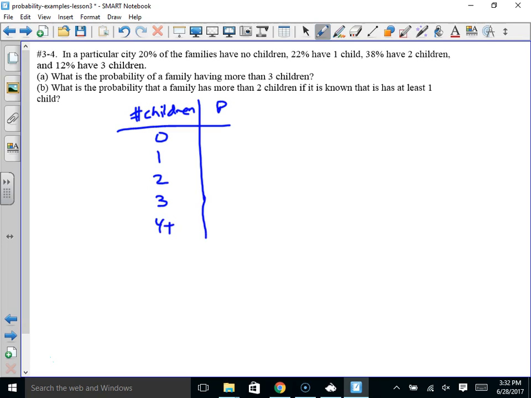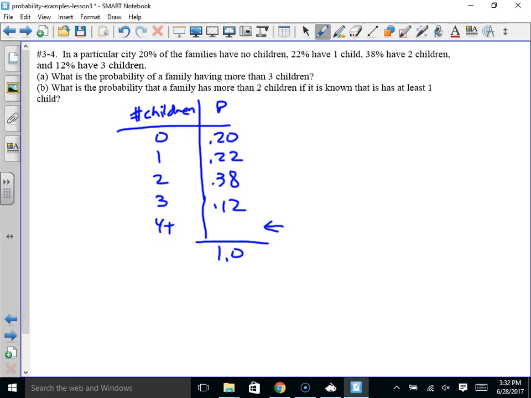So it says 20% of families have no children, so I'm going to write that as a decimal, 0.20. 22% have 1 child, 38% have 2 children, 12% have 3 children, and then what it's asking in part A is what's the probability of a family having more than 3 children? Well, if we lump all of that into one category, 4 or more, then all of these have to add up to 100%.